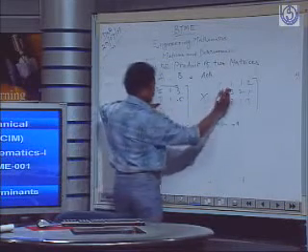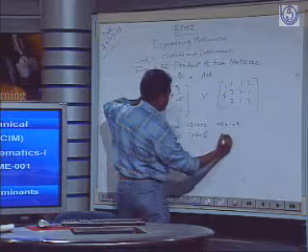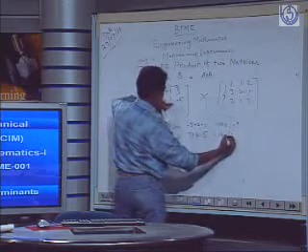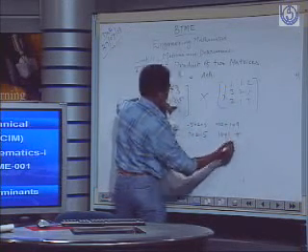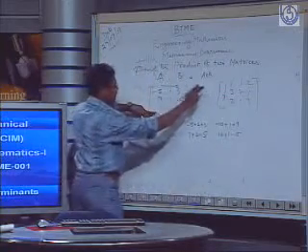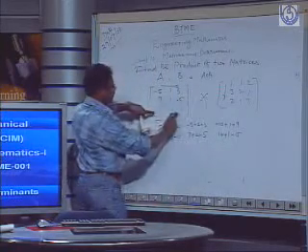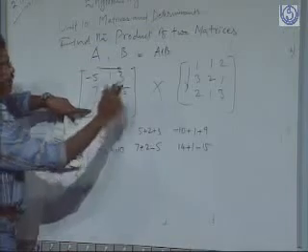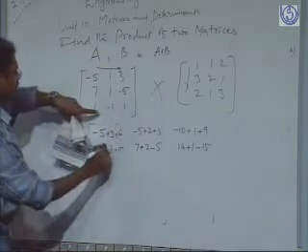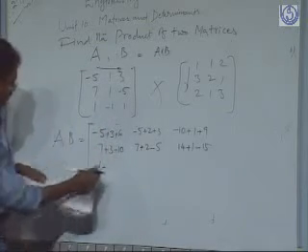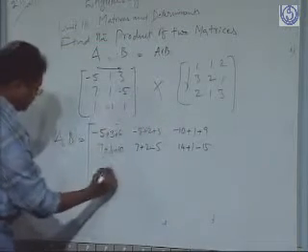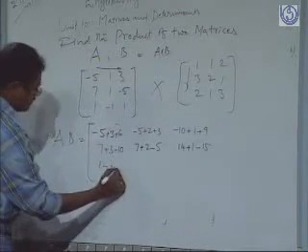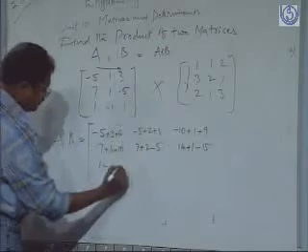So 7 2s are 14, plus 1 1s are 1, and minus 5 into 3, that is 15, so that is 1. Again the third row with the first column: 1 1s are 1, plus minus 1 into 3, that is minus 3, plus 1 2s are 2.